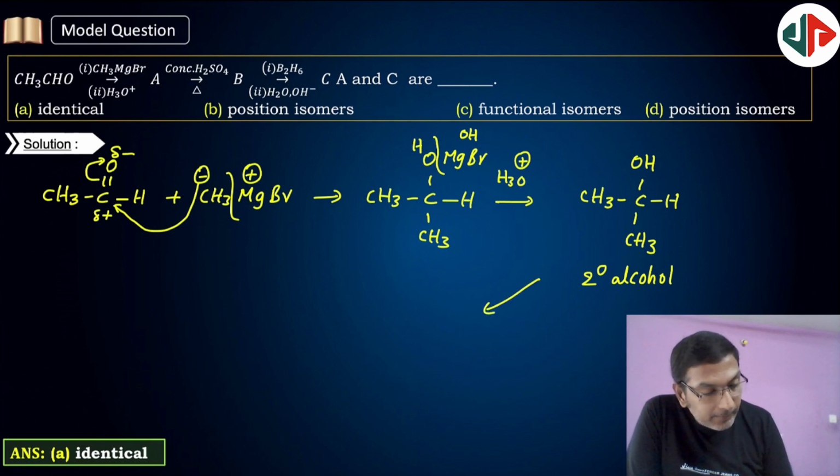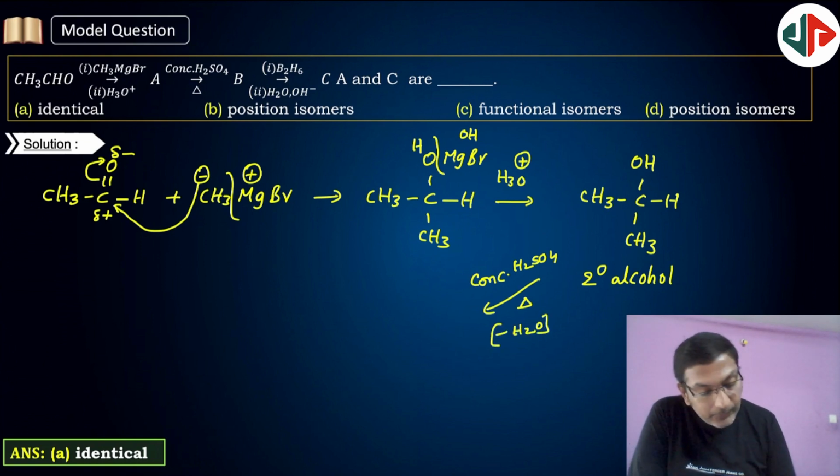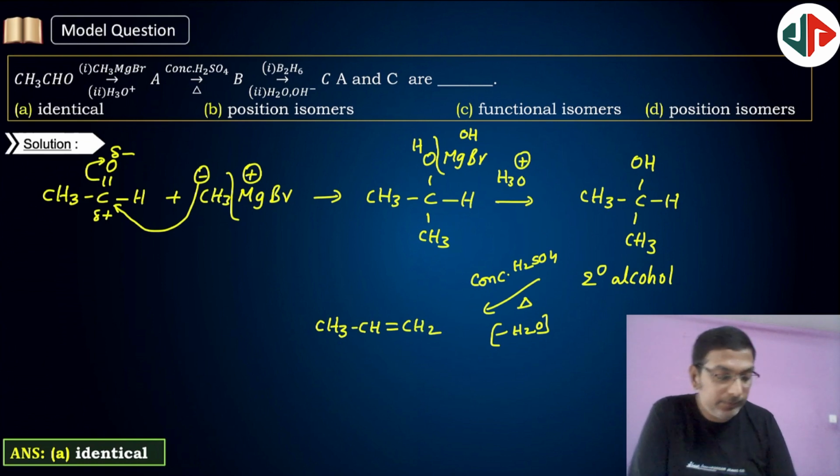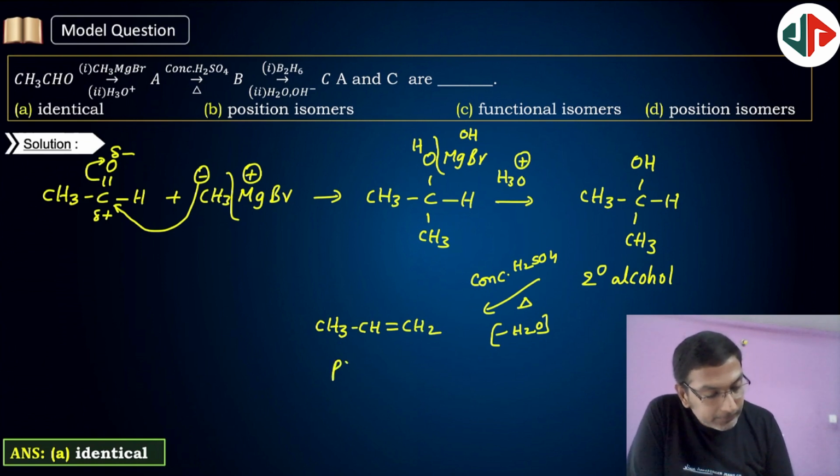So which one? Treating with concentrated H2SO4, minus H2O, it gives CH3CH=CH2, propene.